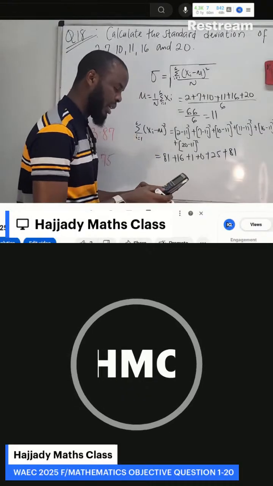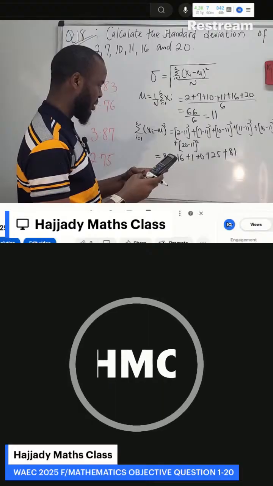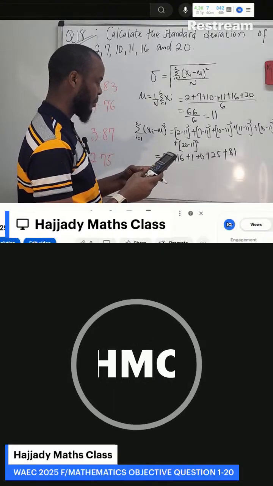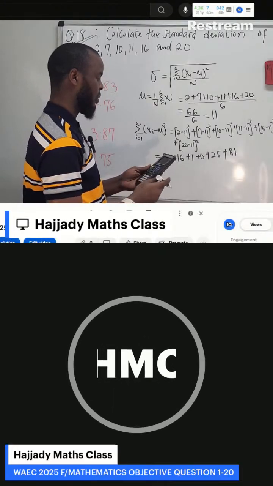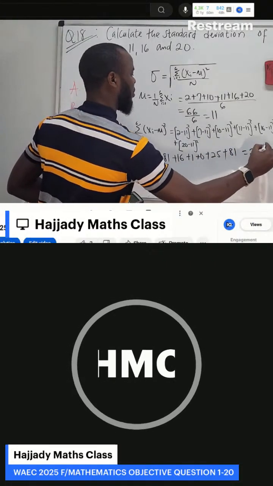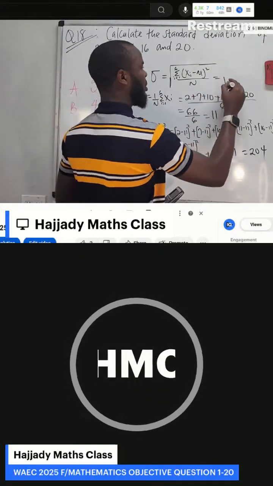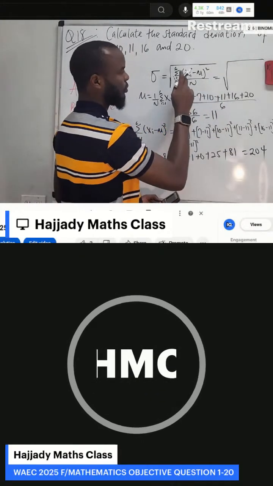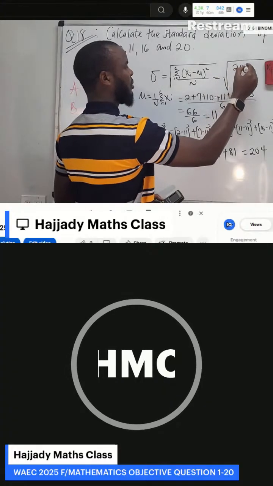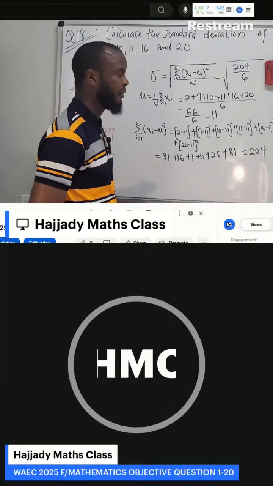Now, using my calculator, I'm going to add everything together. 81 plus 16 plus 1 plus 25 plus 81. And this gives 204. Now, if you plug that value into this equation here, the numerator is going to be 204 divided by 6.